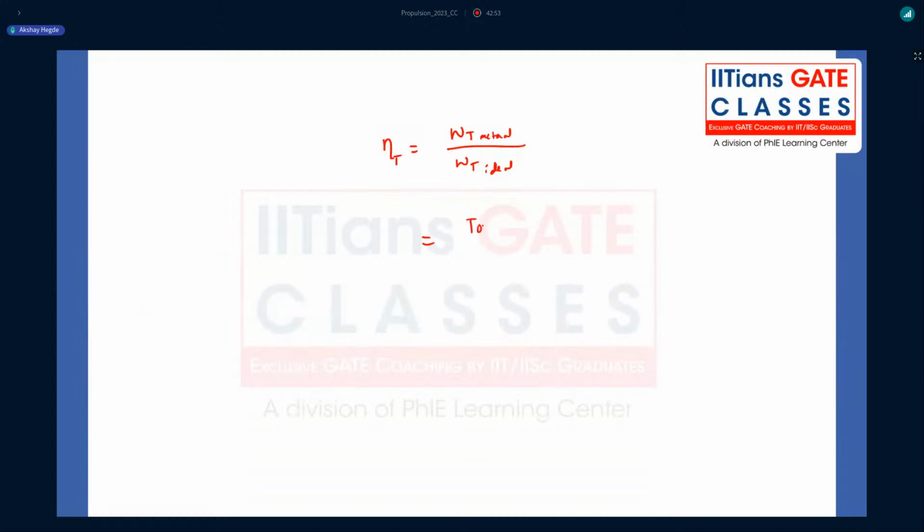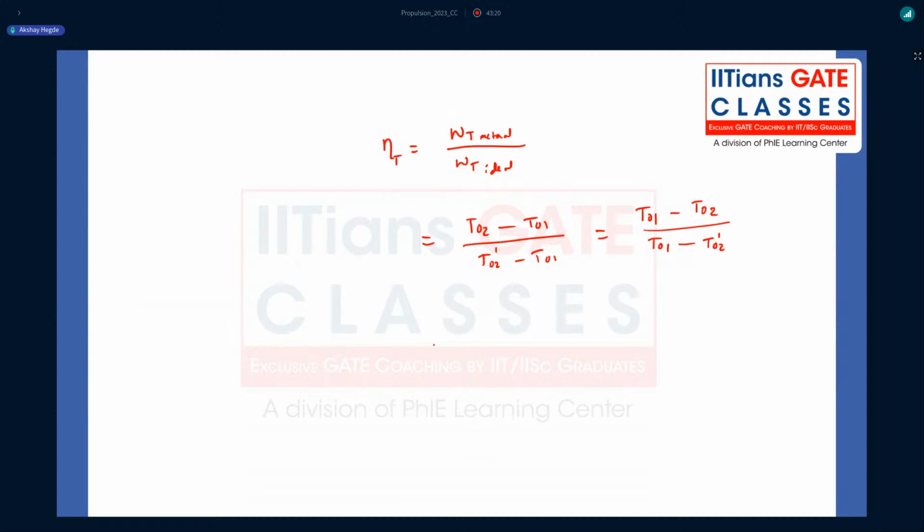That is nothing but T02 minus T01 divided by T02 dash minus T01. Or you can write it the other way, because T01 is higher than T02, to be consistent: T01 minus T02 divided by T01 minus T02 dash. Both are the same, it's just the difference we are interested in. But this is the more conventional way, right?